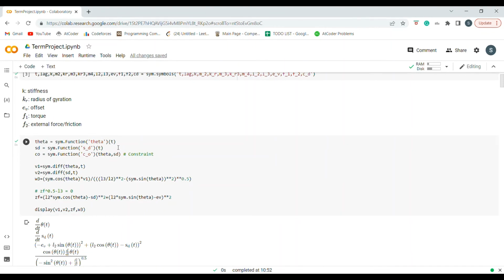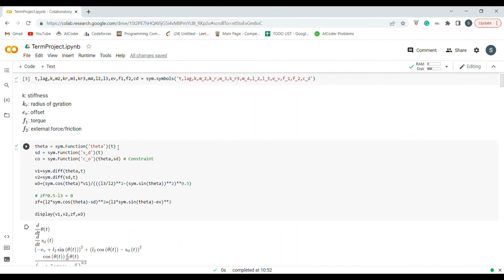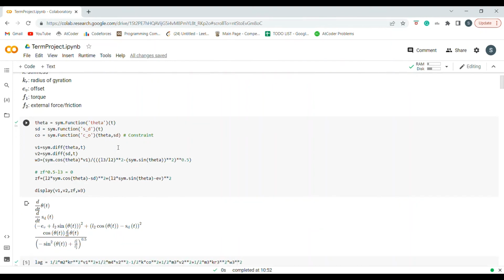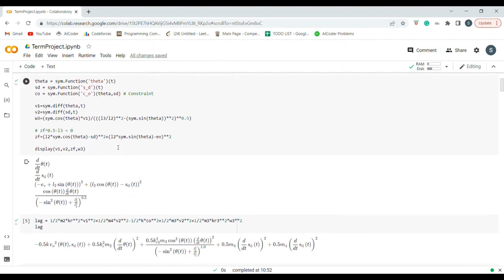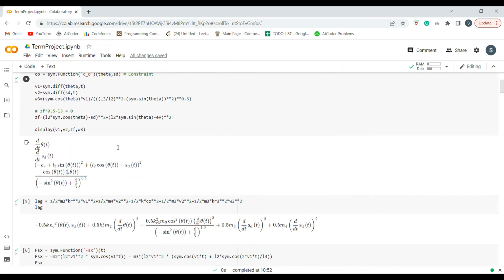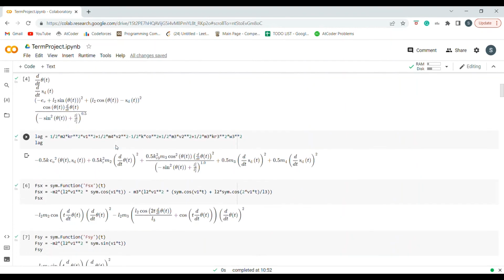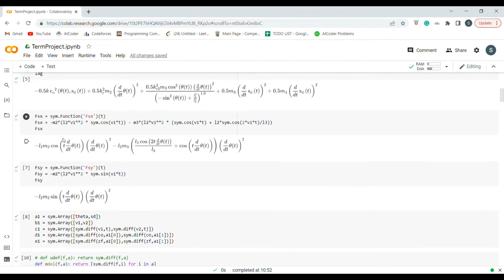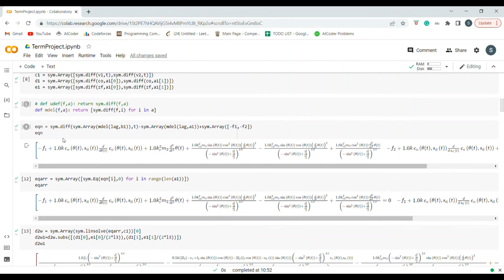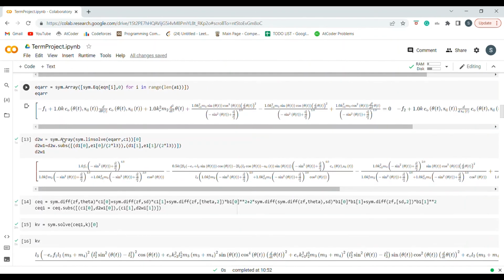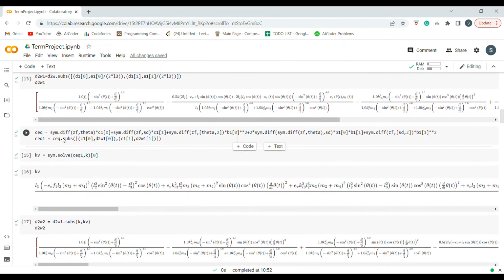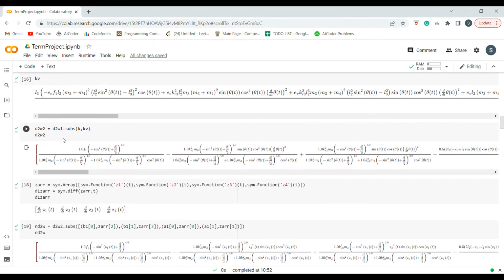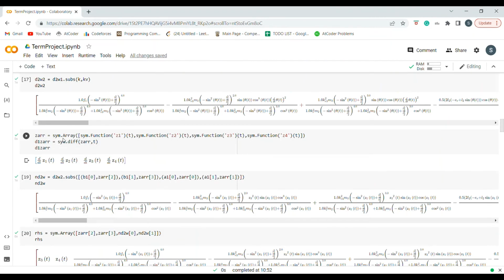Now, for an IC engine, offset is equal to 0. Now, using that idea, we calculated the following forces and applied the equation of motion, using which we find the equation for all the motions.